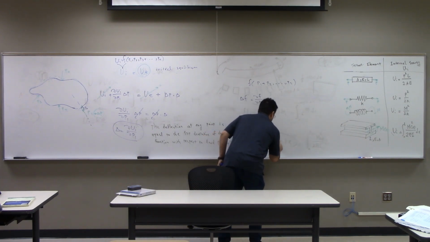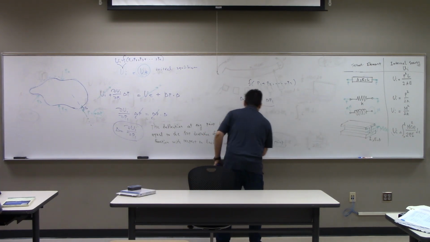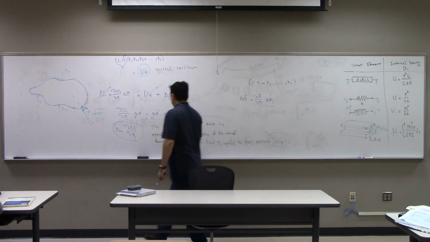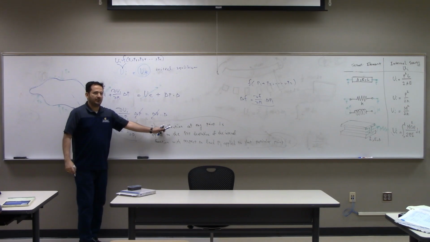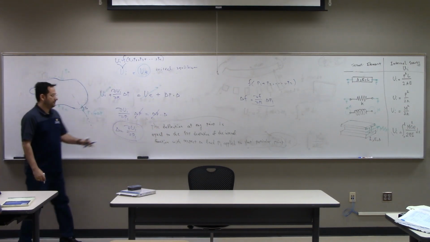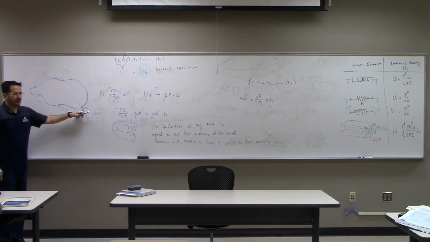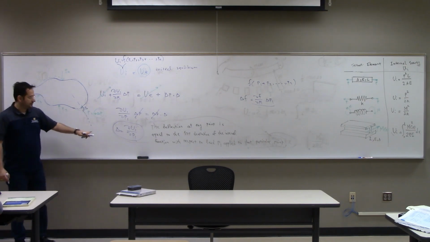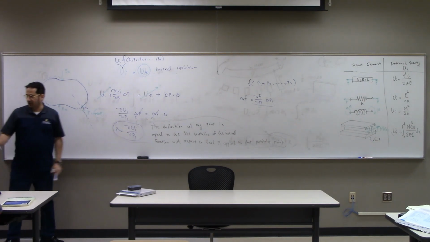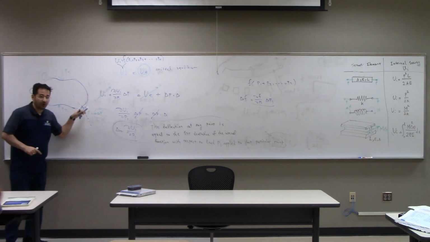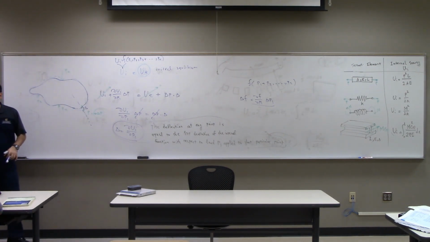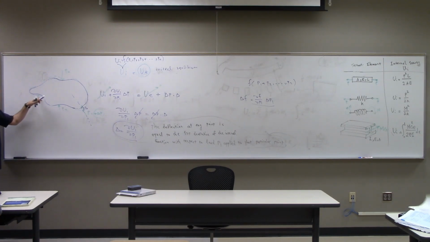This is very important. In fact, this is the mathematical form, and this is the explanation. It says the deflection at any point, for example, this point, is equal to the derivative of the internal function with respect to a force that applies to that particular point. Right? So if I want to find the deflection at this point, what should I write? You see, if you apply a little bit of P3 here, it's going to deflect, right?